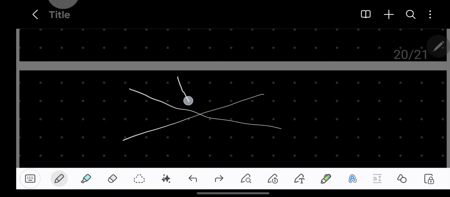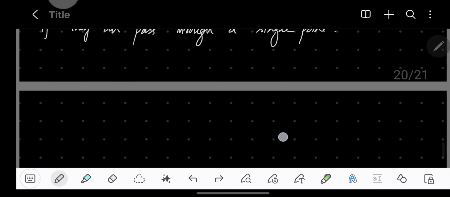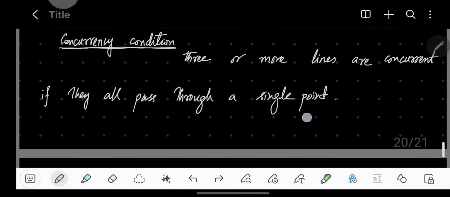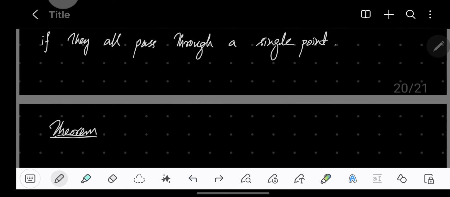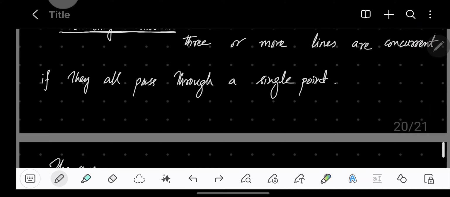You can pass the third line in any direction, but it should pass through the same point at which the remaining 2 lines are intersecting. So if all of the lines are intersecting at the same point, then we will say that the system is concurrent. In this system, we will assume that there are more lines and fewer variables.